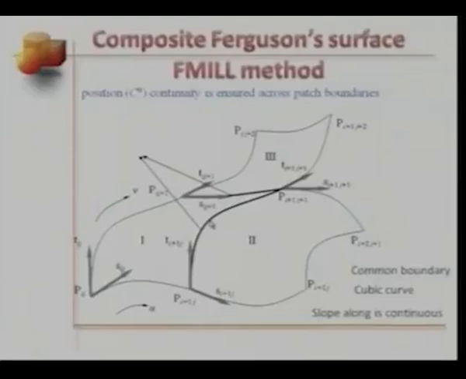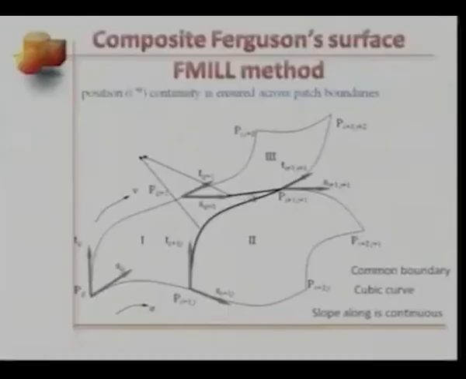In other words, if I stand at any point here, I would be able to compute a unique normal, which would represent the normal for patch 1 and 2. Likewise, the same here. If I stand here, I should be able to compute a unique normal, which is representative of patch 1 and 3.